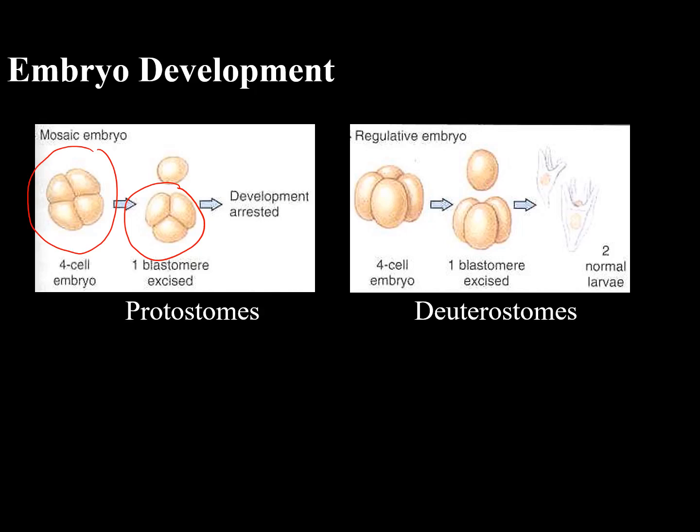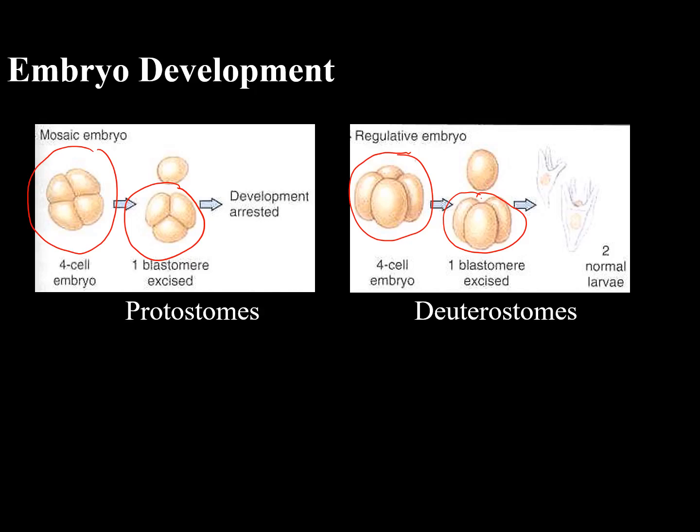If you go in and look at the same stage in a deuterostome, so here we are at the 4-cell stage, you go in and pull out one of those cells. So again, we've got 3 cells left. I don't know why they're always showing the deuterostome embryos in the side view, and it seems like they're always showing a top view for the protostome embryos. But anyway, if you do that, it doesn't mess up development at all. Everything still develops normally.